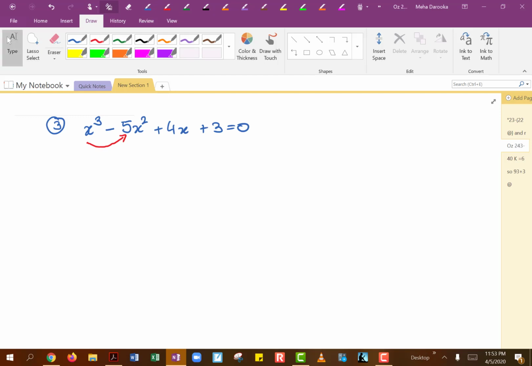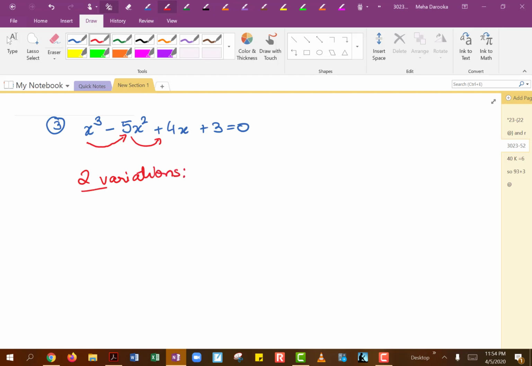Then you go from negative 5x squared to positive 4x, so that's the second time our sign changes. But going from positive 4x to positive 3, the sign does not change because you're going from positive to positive. So that is 2 variations.